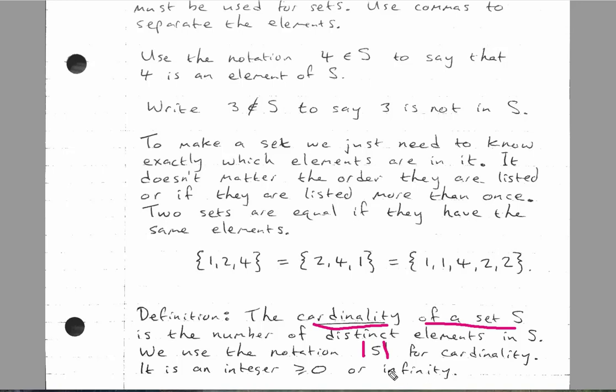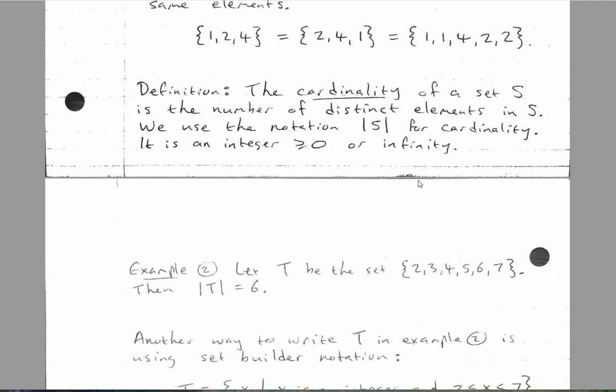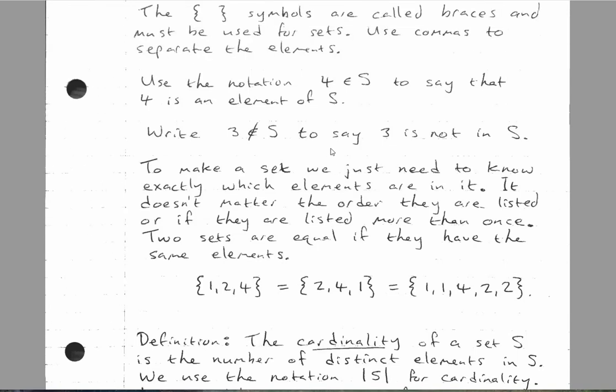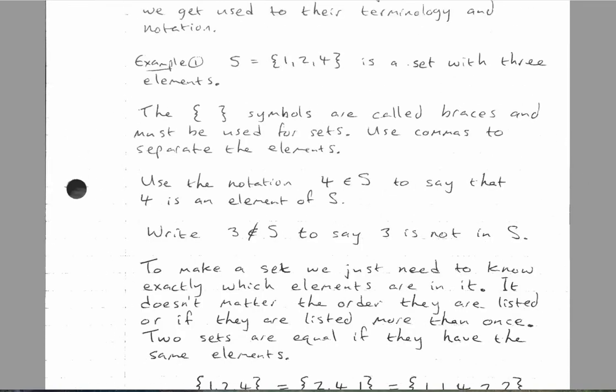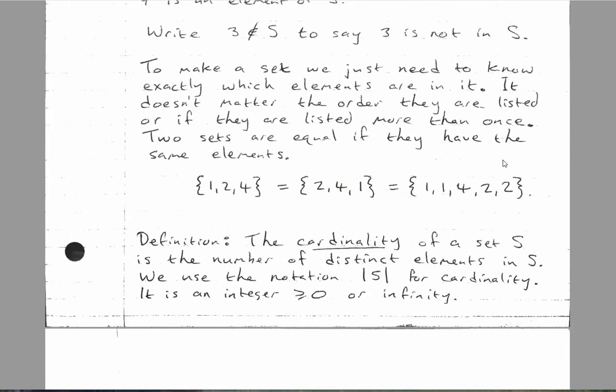Or we'll see infinite sets, so the cardinality could be infinity. So for this set S, the cardinality is 3. It has three distinct elements.